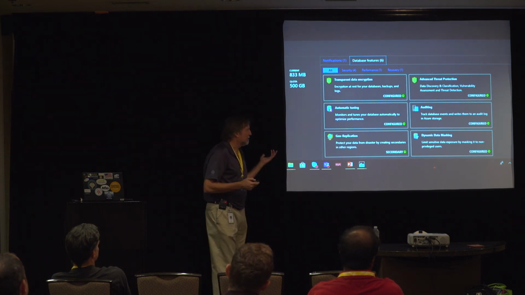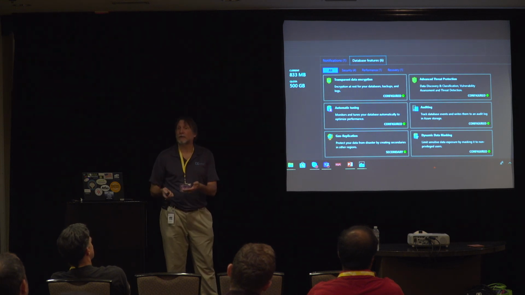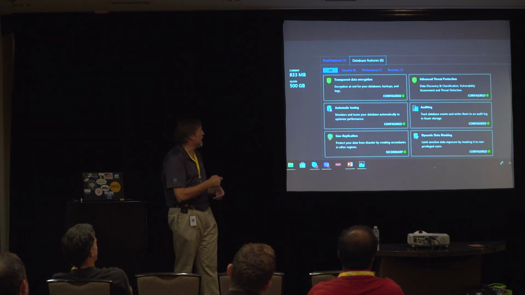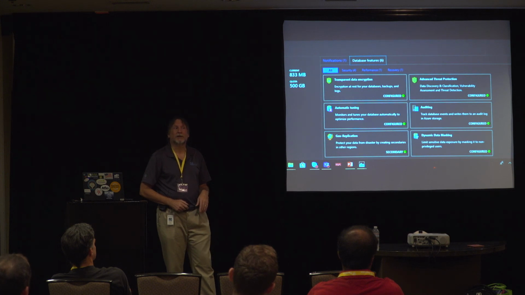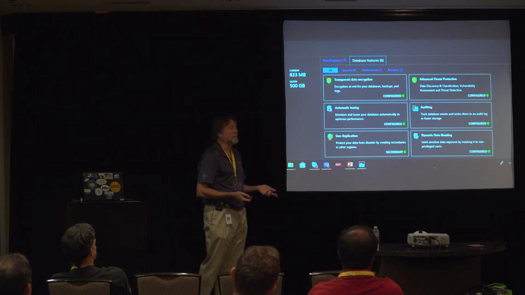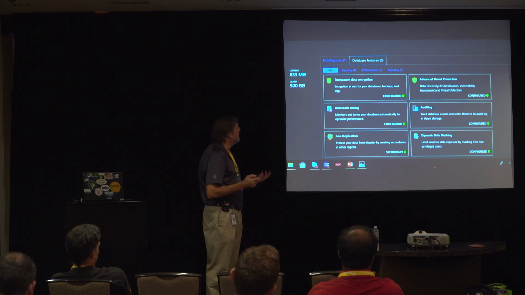Auditing is probably self-explanatory. The dynamic data masking is something I talked about earlier, how we're hiding some of it. Geo-replication, you can see here, we're looking at my secondary. Otherwise, it would tell us our primary. Automatic tuning, TDE.